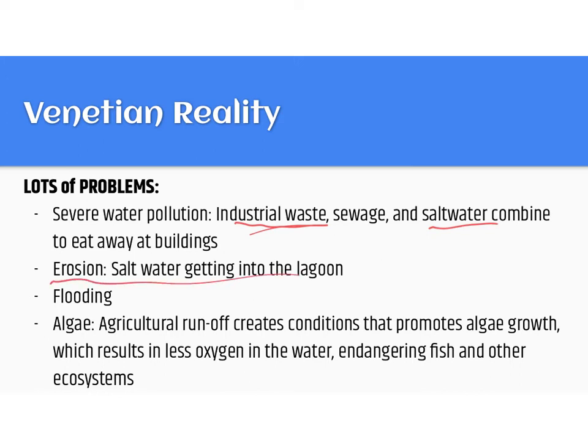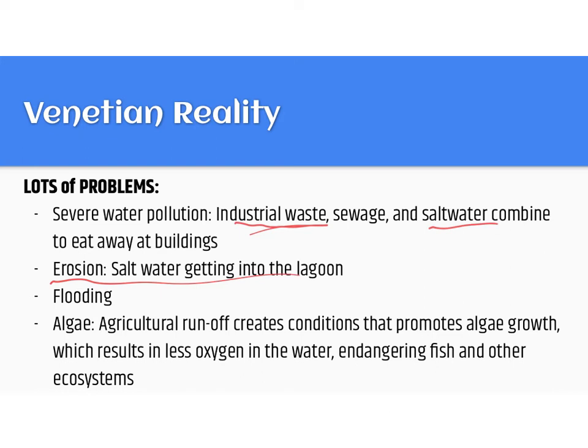Erosion also exists. Just the movement of water in and of itself means that things erode. That's why when you go to a riverbed, the rocks at the bottom are all smooth, because the water has smoothed them out as it continues to run across those rocks. The same thing happens on buildings.